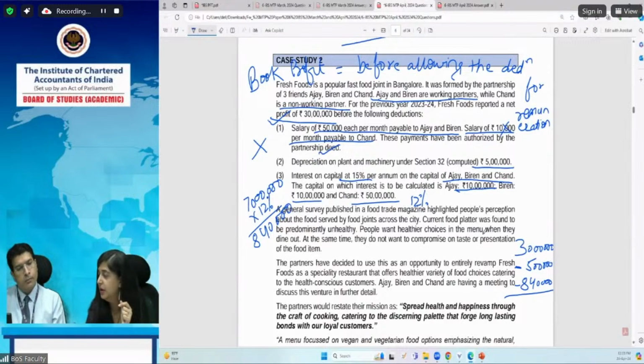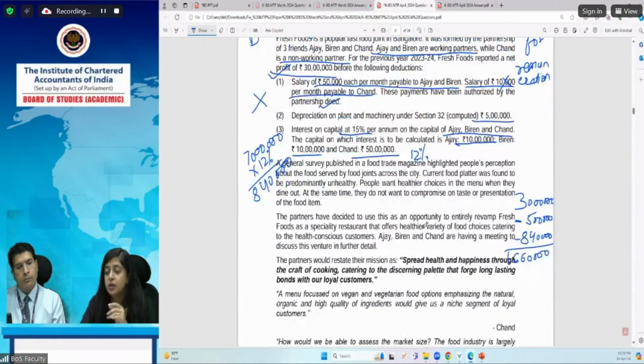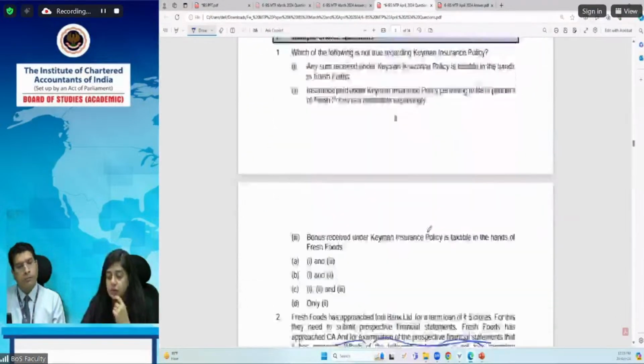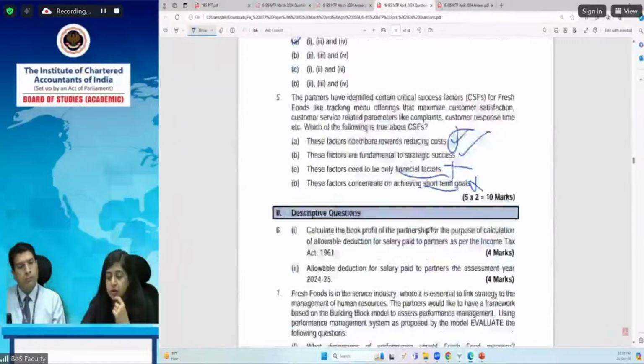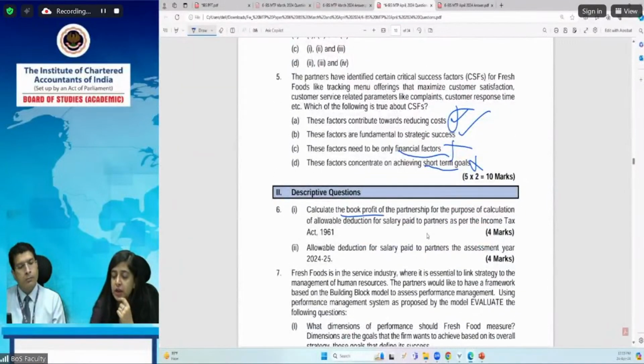Okay, Shailesh, I'm just not looking for the answer. You are telling the book profit is 16,60,000. So what was the first requirement of the question? Calculate book profit. We have done the calculation, it's 16,60,000.